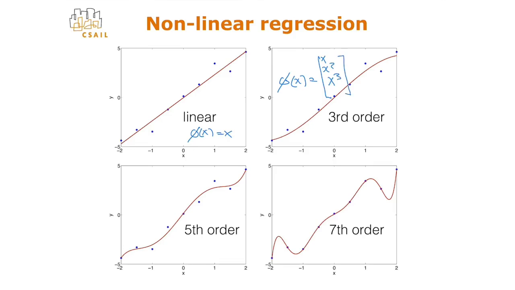The more features we include, the more powerful a regression method we get as a result. Up to 7th order, it fits these data points perfectly. So one question here is, which one of these should we actually choose? Which one is the correct one? We get more and more powerful regression methods, but we don't know which one is correct.